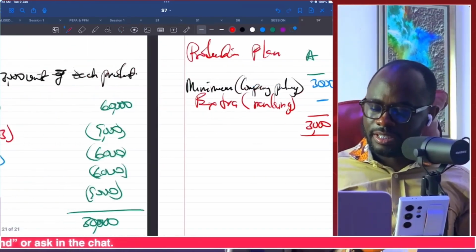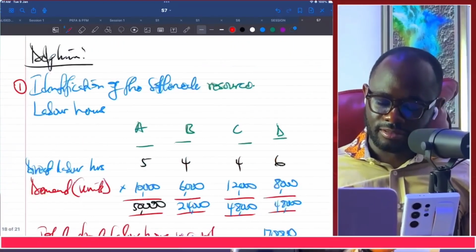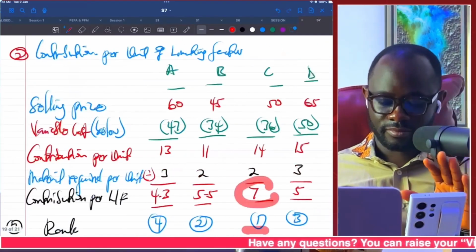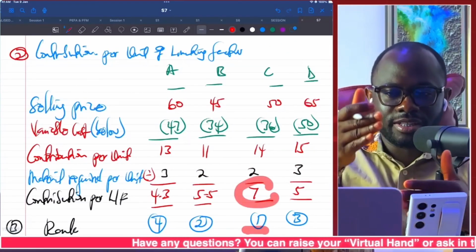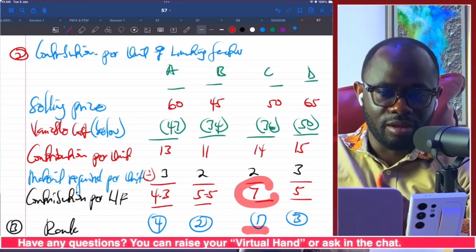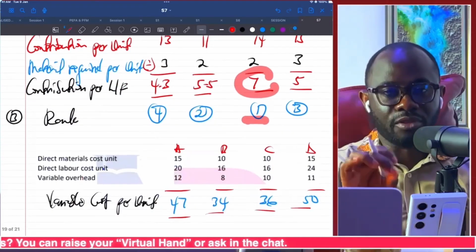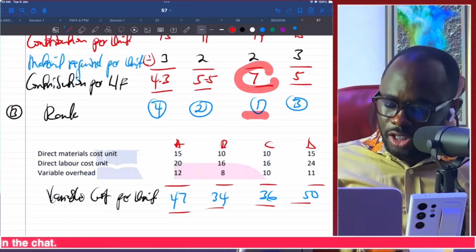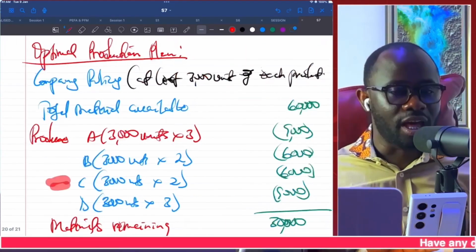So this is our production plan. So that is the limiting factor analysis. Step 1, identify the limiting factor. Step 2, calculate the contribution per unit of the limiting factor. Step 3, rank. Then you design the production plan.